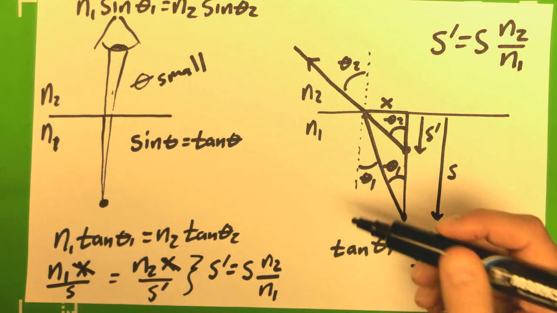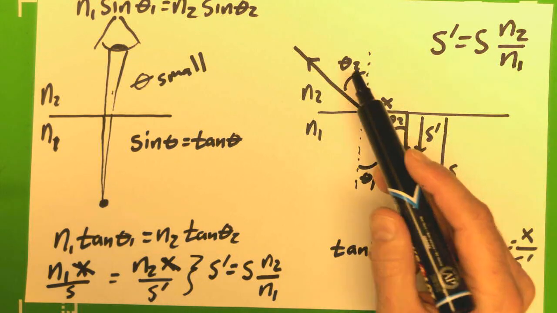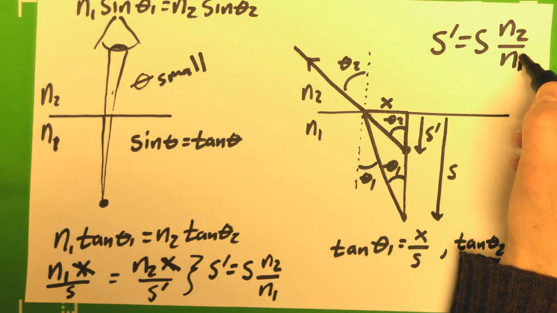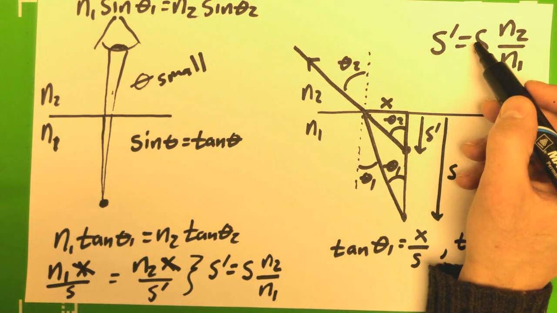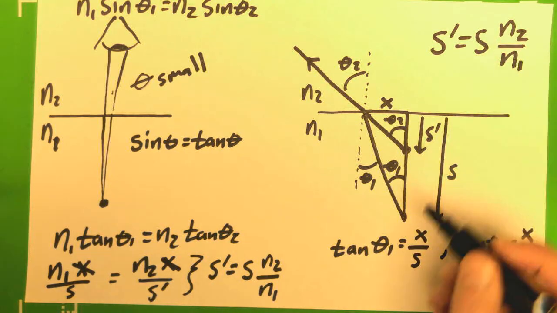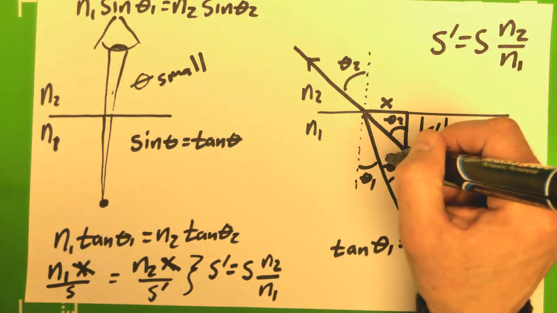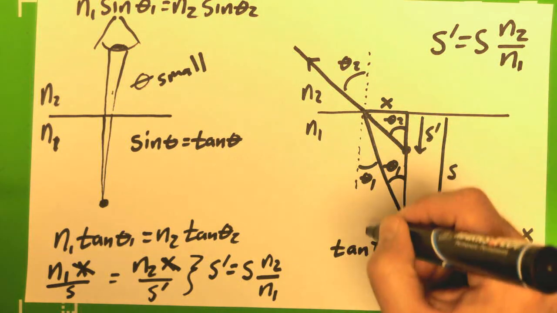Now we didn't do it here, but let's assume that this was light. I'm in the water, looking at a penny above the water. So light is traveling from the air to the water. Now n1 is air, that's 1, and n2 is water, that's 1.33, so that's a fraction bigger than 1. That says s prime ought to be bigger than s, or the apparent position is bigger than its true position. Now let's put my eyeball down here, and light is traveling from air into water, so the light's going to bend towards the normal.